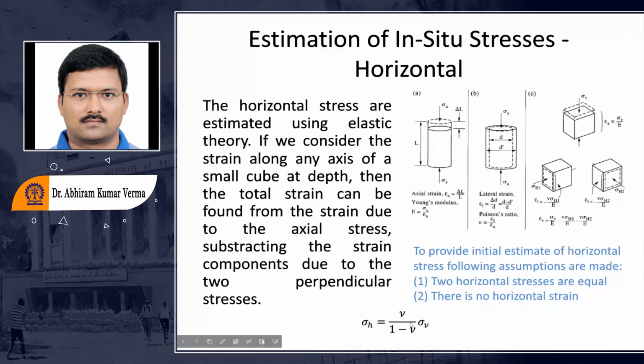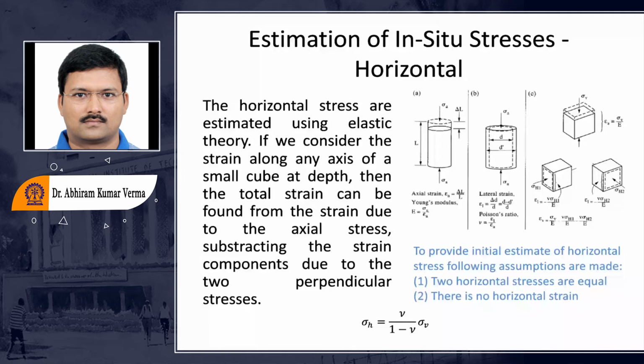But this theory was given long back by one scientist. Later on, it was found that this theoretical solution is not valid in reality, because in reality the horizontal stresses near the surface are, most of the time, much more than the vertical stresses. So estimating the horizontal stress using this formula is not valid as far as practical application is concerned.